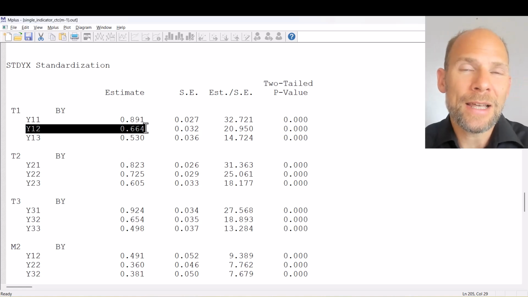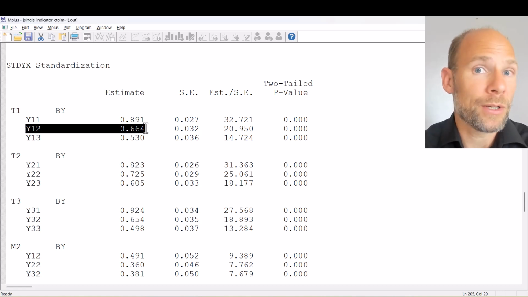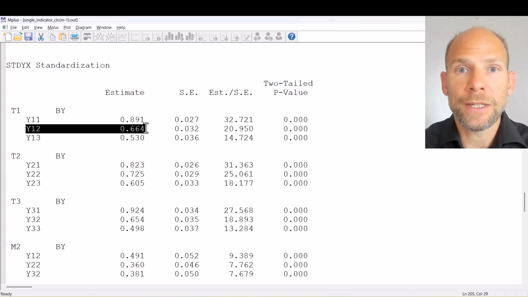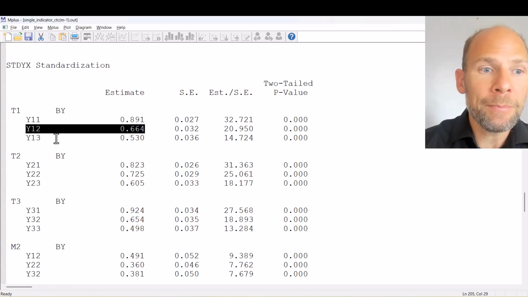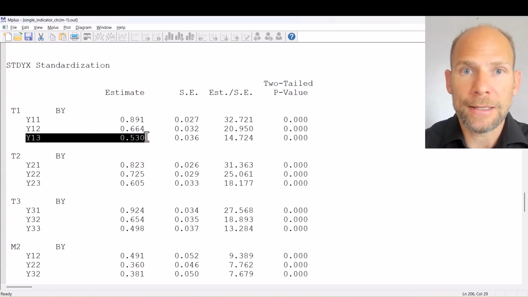But less than 40% of the variance in this measure is accounted for by the self-report trait factor. So there's somewhat of a convergence, but it's not super high. And then the peer report measure of anxiety has an even smaller standardized loading on the reference factor, indicating that there's even less convergent validity between peer reports of anxiety and self-reports of anxiety.